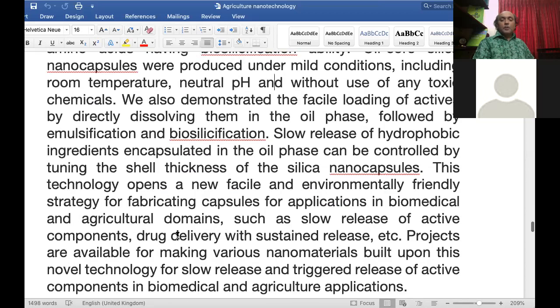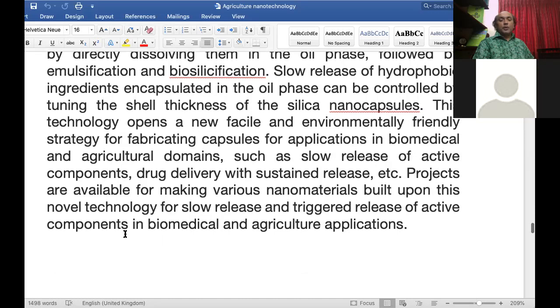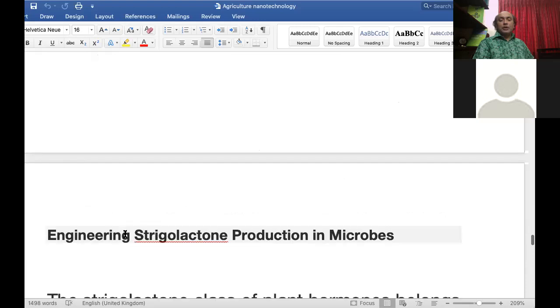This technology opens a new facile and environment-friendly strategy for fabricating capsules for application in biomedical or agricultural domain, such as slow release of active compounds, for example, fertilizer or pesticide, drug delivery with sustained release. And lots of projects are available for making various nanomaterials built upon this novel technology for slow release and triggering release of active components in biomedical application in agriculture.